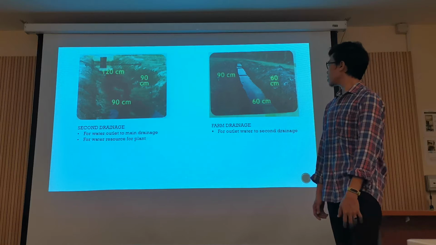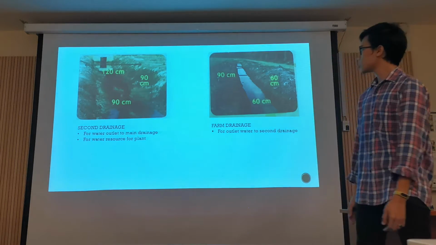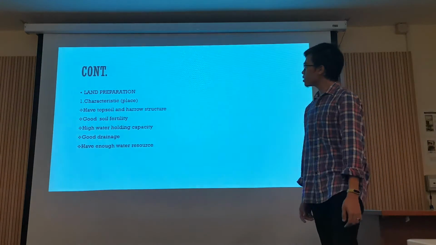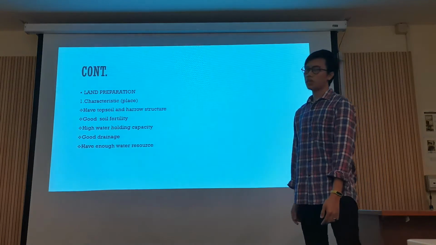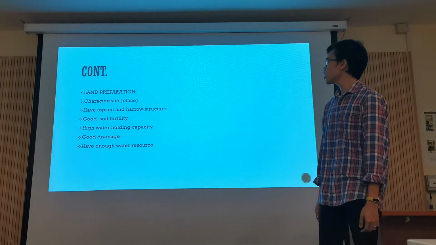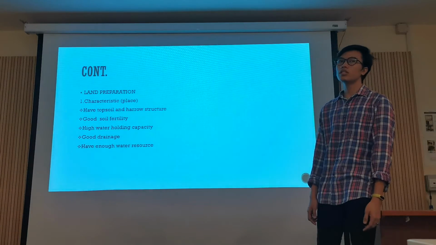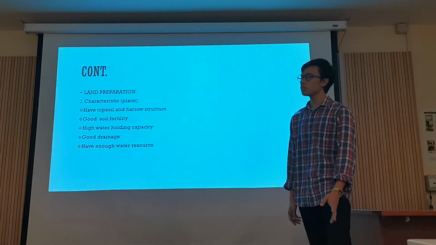Also the farm drainage, for outlet water to the second drainage. Land preparation. The characteristics are that the place must have topsoil and good structure, good soil fertility, high water holding capacity, good drainage, and also enough water resource.